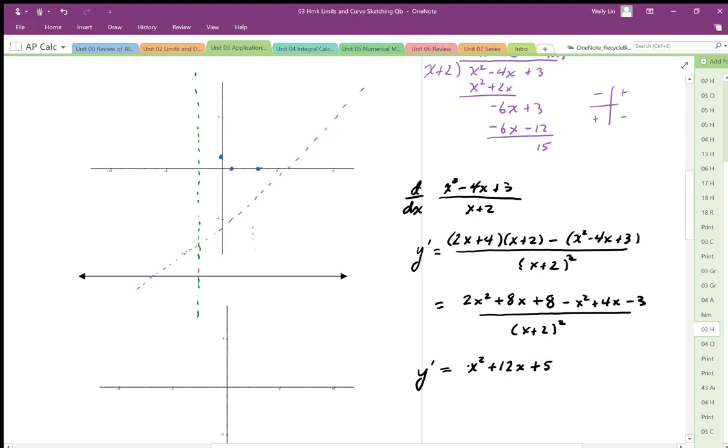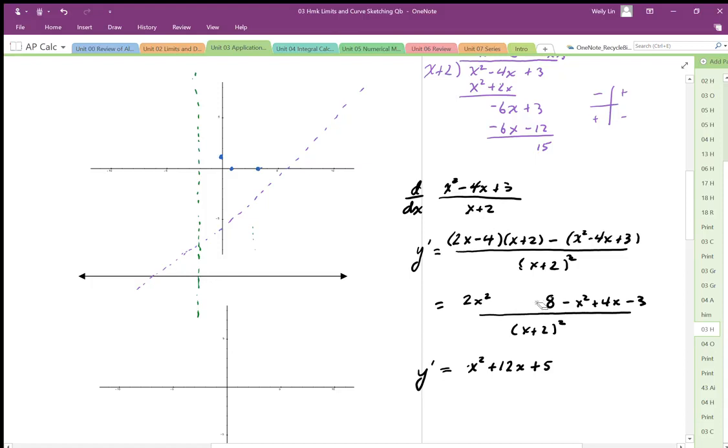Oops, I think I made a mistake here. Sorry, this should have been minus 4 here. Okay, so that would make this 4x, so those are going to cancel out there. So 2x squared plus 4x minus 4x.